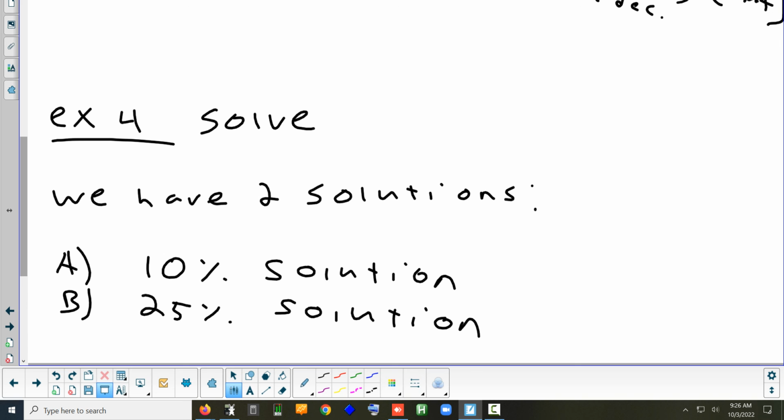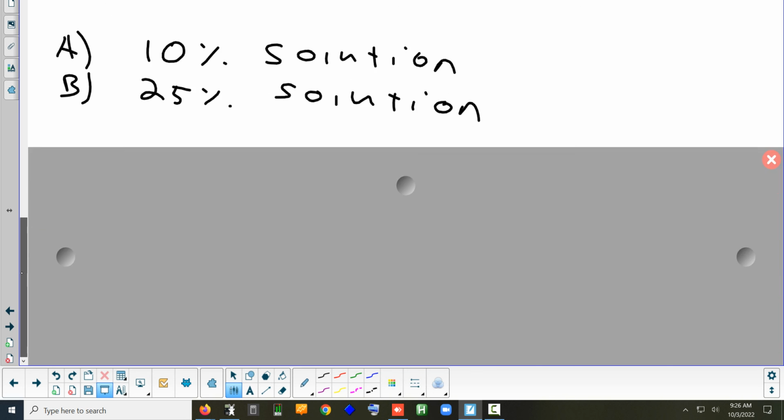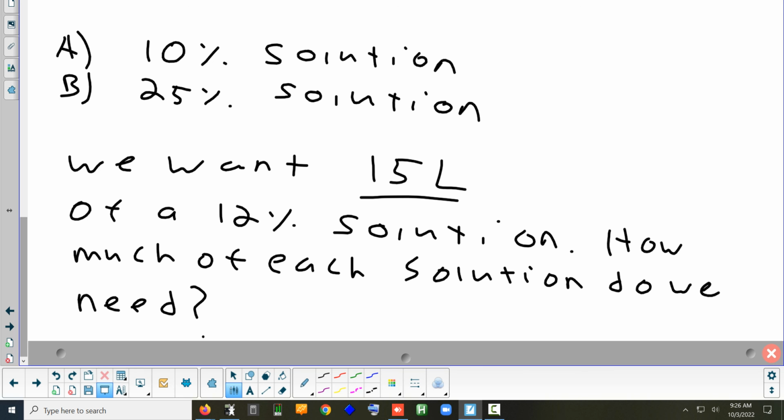So we have a 10% solution and a 25% solution. And I called those two solutions A and B. And those will probably be the variables I end up using, A and B. You could call them X and Y if you wanted, but let's use A and B. We want to end up with a total of 15 liters, and we want the strength of the solution that we make to be 12%.